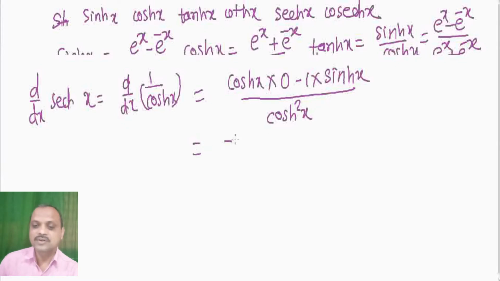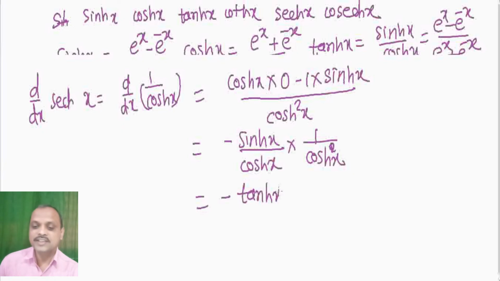This is equal to minus sinh x divided by cosh x into 1 divided by cosh x. I have written this cosh x 2 times. Okay, this is equal to minus tanh x into sech x. So derivative of sech x equal to minus tanh x into sech x.